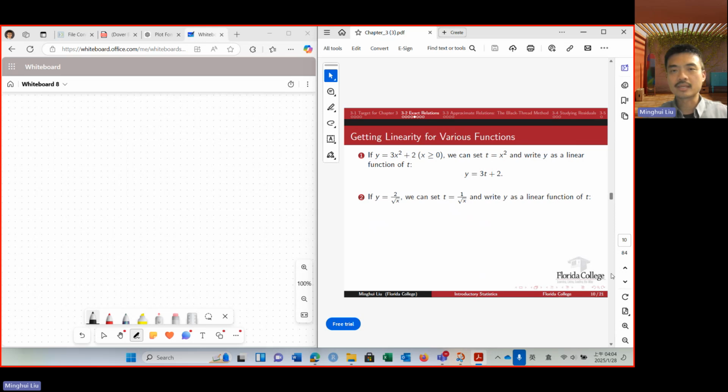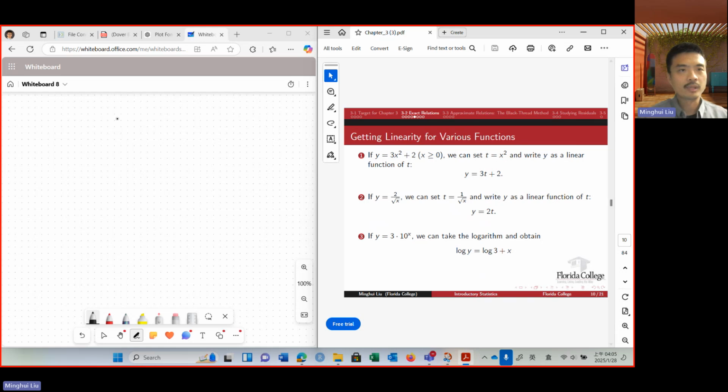We can simply set a new variable. Let's call it t again. You can call it u, you can call it v, you can call it anything you like. Let's just call it t for now. If you set t equals 1 over the square root of x, then y becomes a linear function of t, y equals 2t. And the third one is a little bit tricky, and let's just write down some details.